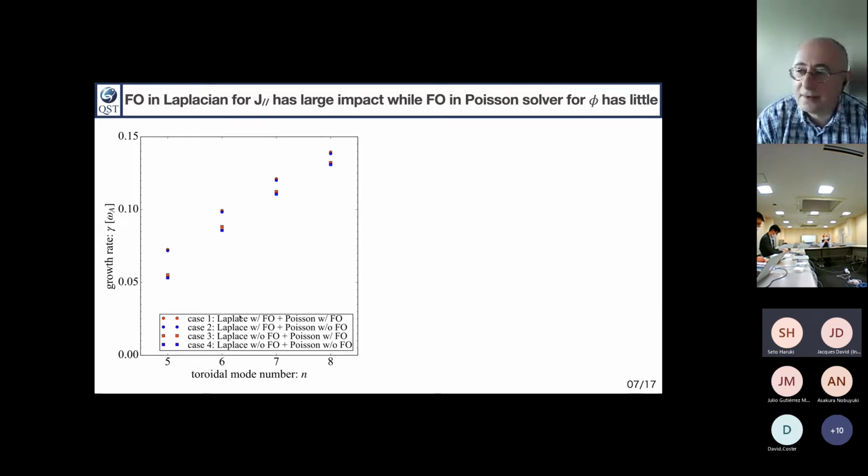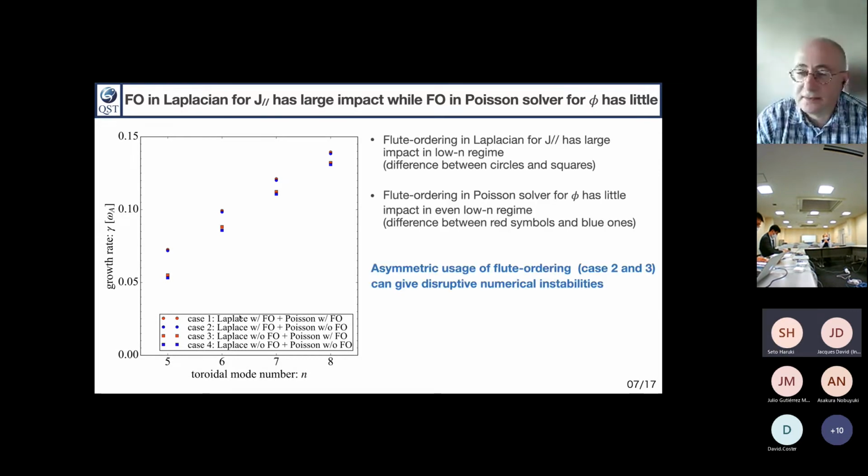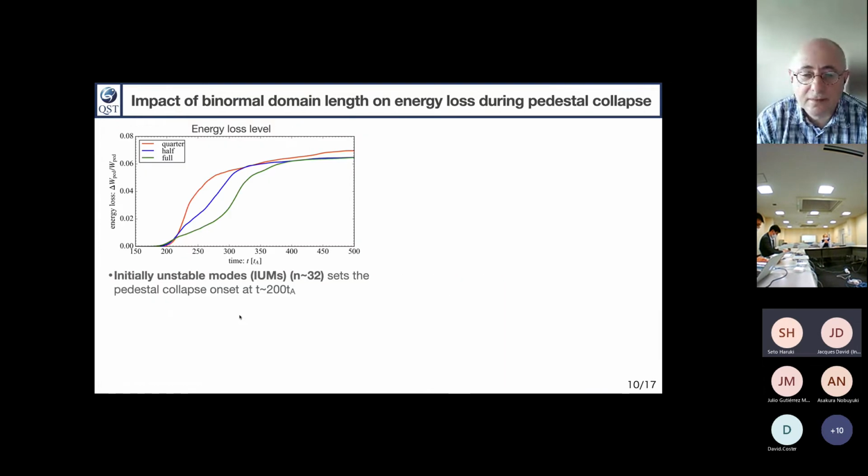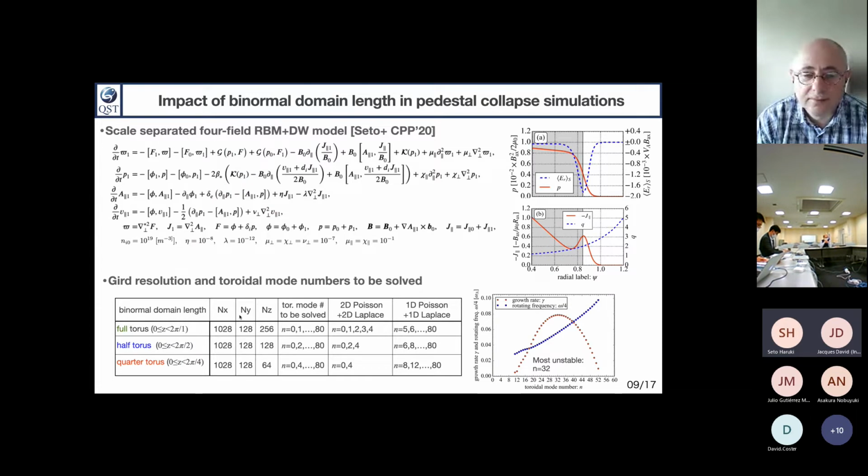It depends on the problem. But I confirm that the 3D Poisson solver is fast enough to apply to production run scale grid resolution. Okay, thank you very much.